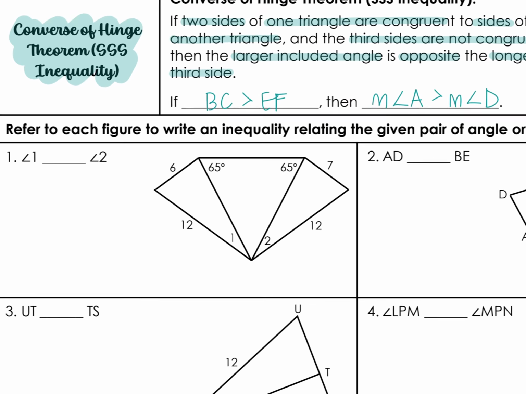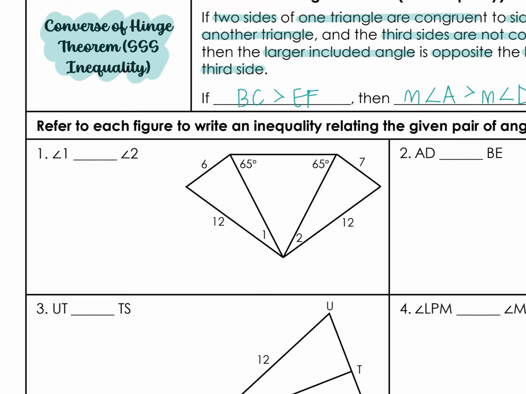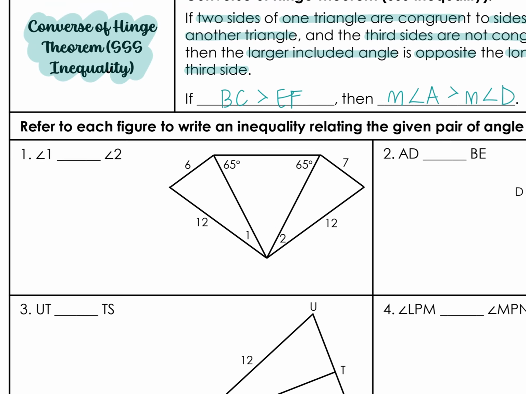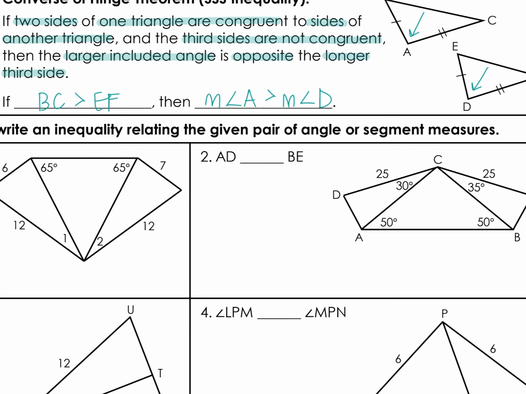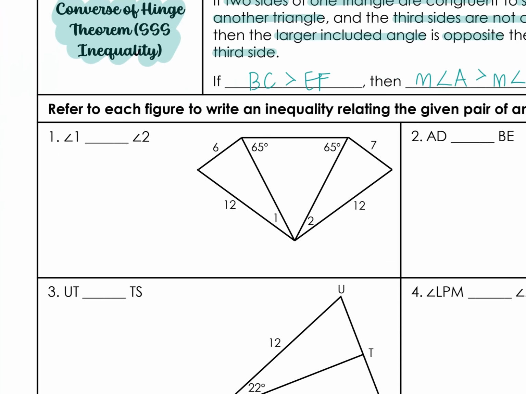They're asking us to refer to each figure to write an inequality relating the given pair of angle or segment measures. For number one, we're trying to figure out what we can determine about the measures of angle 1 and angle 2. We notice that on either side, these two sides are 12, so they're congruent.